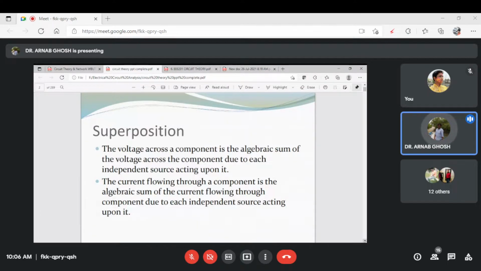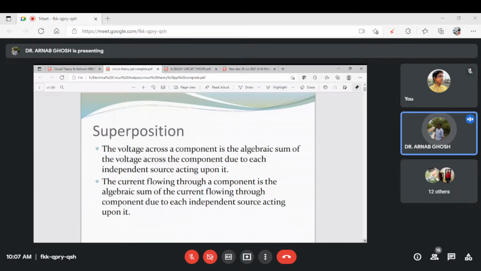So if I am considering the voltage across any component, this is the algebraic sum of the voltage across the component due to each independent source. Similarly, the current will also be the summation of the current considering each independent source. Two more things are important here: one is linear, another is bilateral.